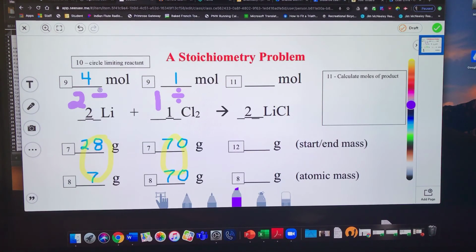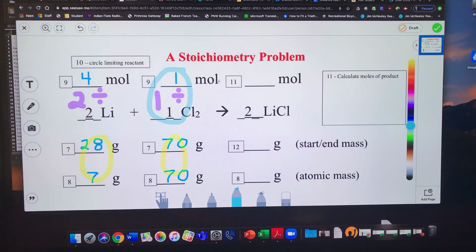Now that I have 2 over here on the left, 1 over here on the chloride, all I want to do is circle the smaller number. My smaller number is 1, because 1 is smaller than 2. So I'm just going to circle this whole big thing here. That's my limiting reactant. That's step number 10. Do the division. Okay, notice my blue circle and my yellow circle, they do not overlap. I'm not making any green here.